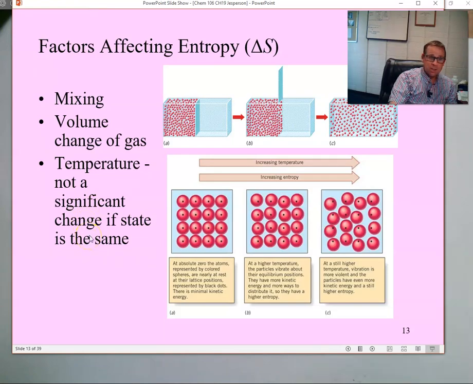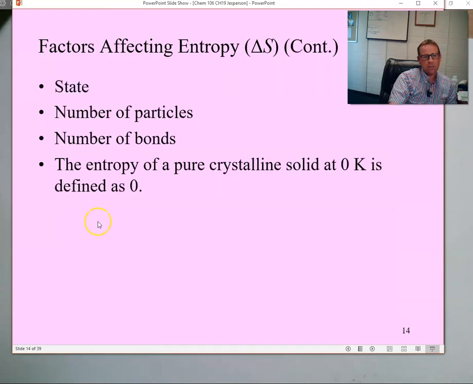In the gaseous phase, it can change things more. The state, the number of particles, number of bonds, right? And like we said, the entropy of a pure crystalline solid at 0 Kelvin, we define as 0. Not that we ever necessarily have this sort of a state, but that is where we would call 0 on the entropy scale. So it's always going up or down.